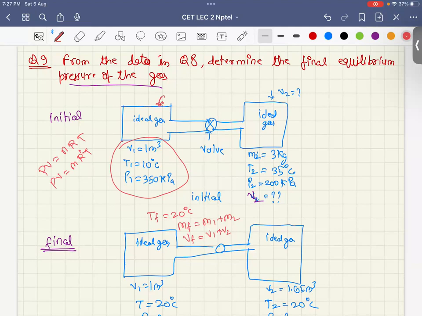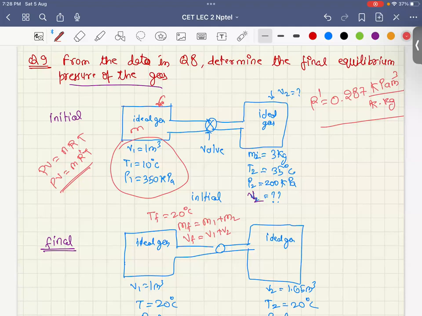If you want the R' value, I will give you the R' value. R' is 0.287 kPa meter cube by Kelvin into kg. With this, you should be able to solve for the mass in this.